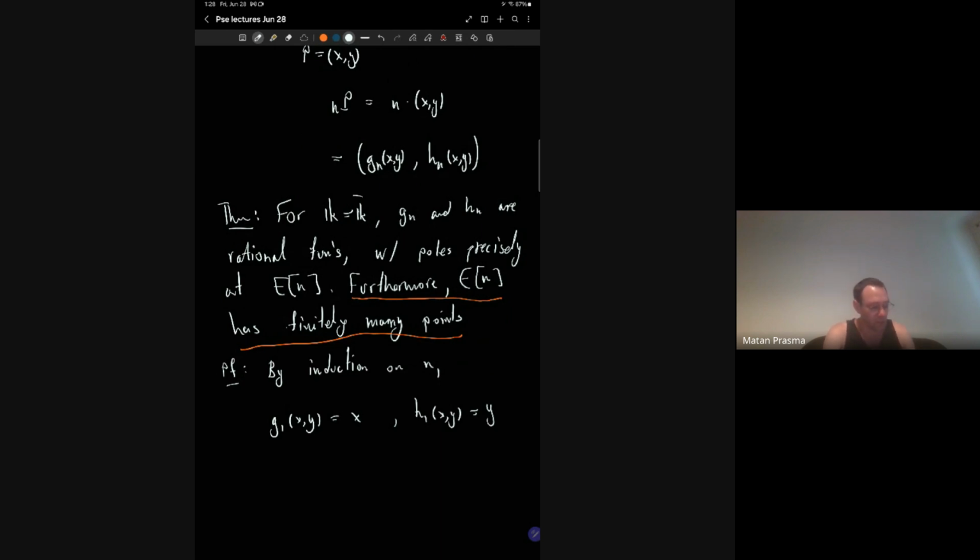Because multiplying a point by 1 is like the identity function. So this is fine, and these are clearly rational.